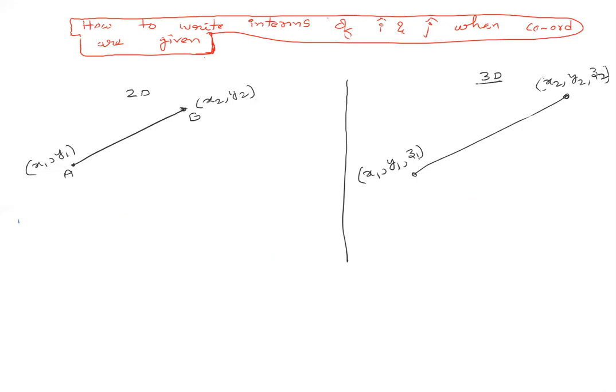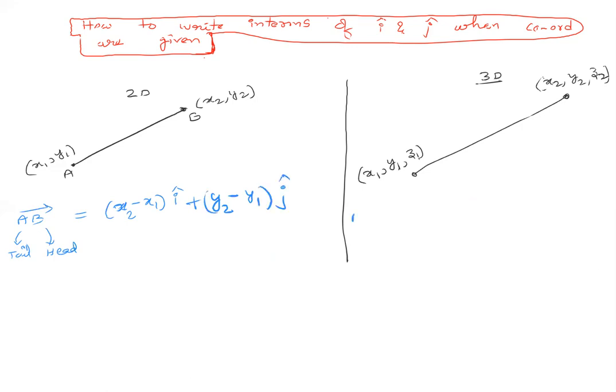If I am writing AB bar, A is the tail, B is the head. First tail, then followed by head. So AB bar is given by head coordinates minus tail coordinates. So x2 minus x1 i cap plus y2 minus y1 j cap.